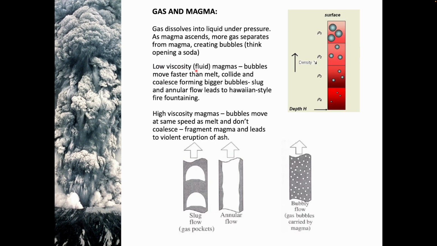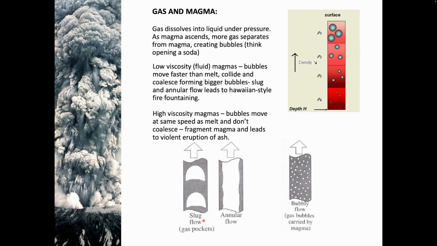In lower viscosity or fluid magmas, these bubbles can move faster than the actual melt. They collide and form bigger bubbles, which we call slug and annular flow of lava. This leads to those Hawaiian-style fire fountains, those lava fountains that can be over 1,000 feet tall.